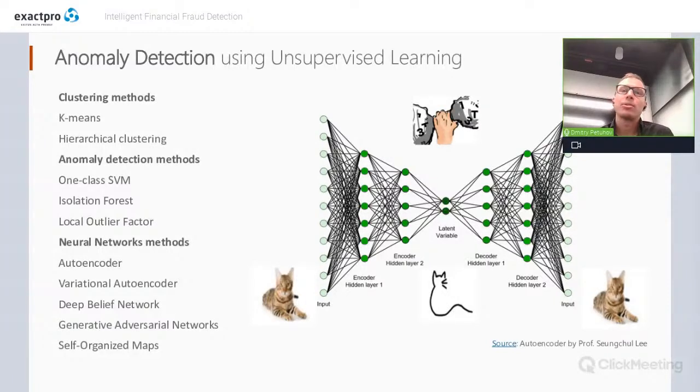For anomaly detection, there are some research papers which use one-class GAN to solve anomaly detection problems.